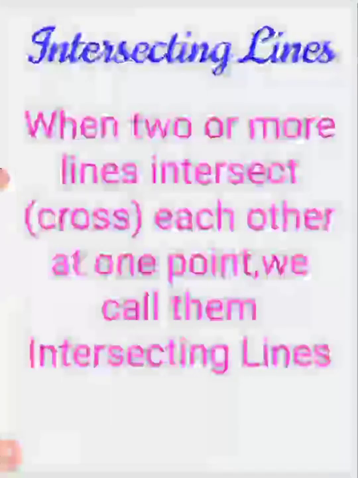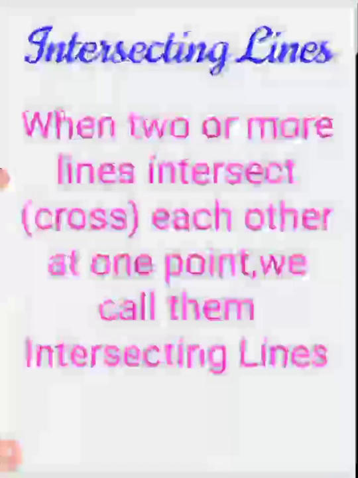Now the second type of lines are intersecting lines. When two or more lines intersect each other at one point, we call them intersecting lines. So two lines intersect at one point. That point is called the point of intersection.